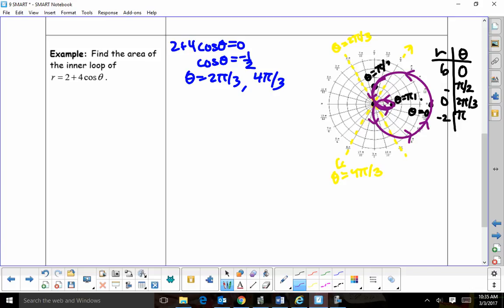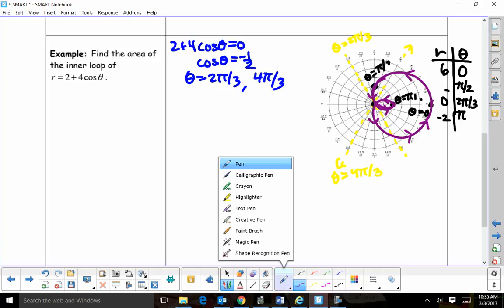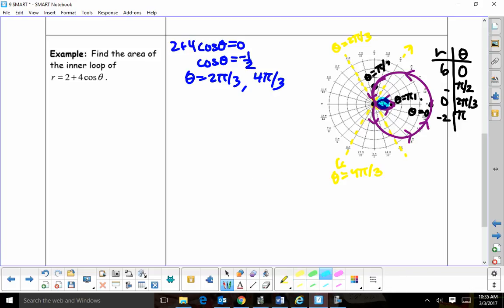Everybody good with the graph? So now it's asked for the area of the inner loop. So this inner loop is right here. We could start it here and end it here and not do any symmetry.